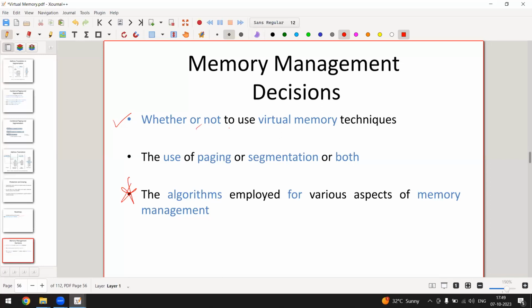So we look at the various policies and algorithms that are employed along with the memory management scheme to make it more efficient. And also we will have different algorithms, different designs, and we will compare each algorithm, its performance with respect to the memory management scheme that we are using.